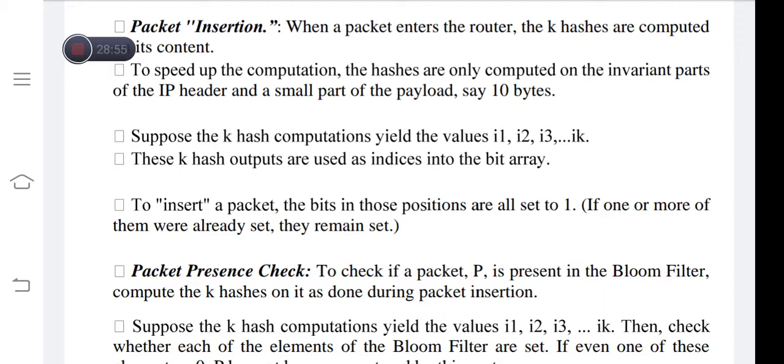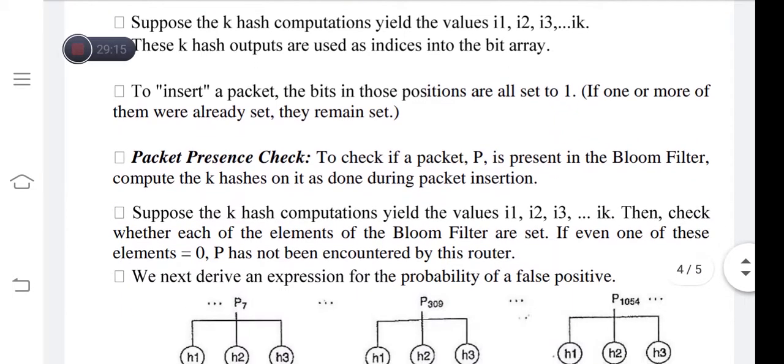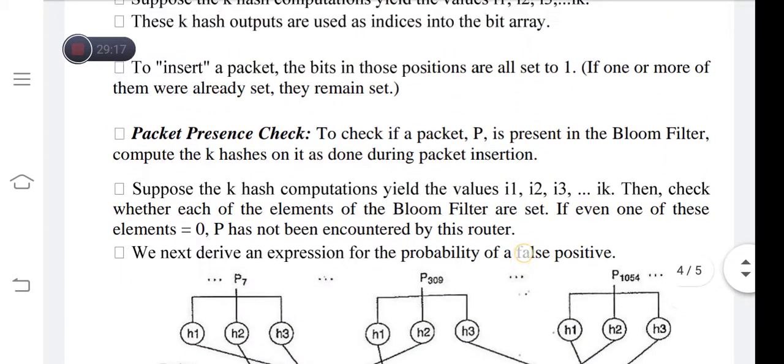So now to insert a packet, the bits in those positions are all set to 1. That is, if one or more of them were already set, they remain the same. So we are going to discuss one diagram with respect to this.